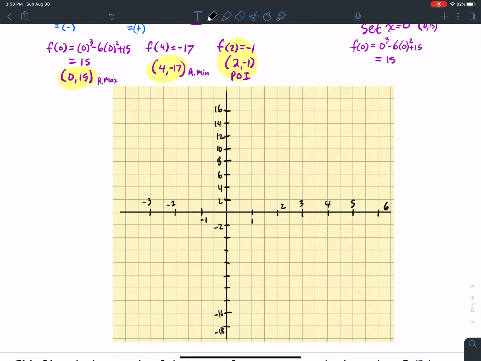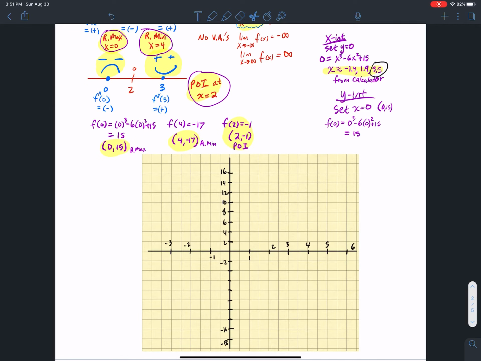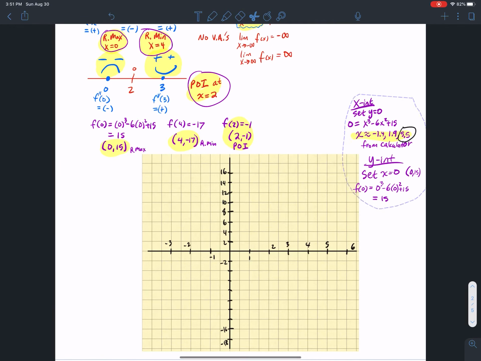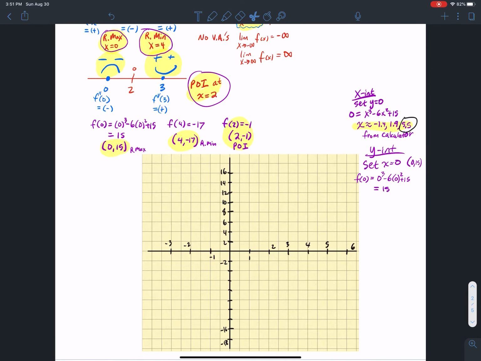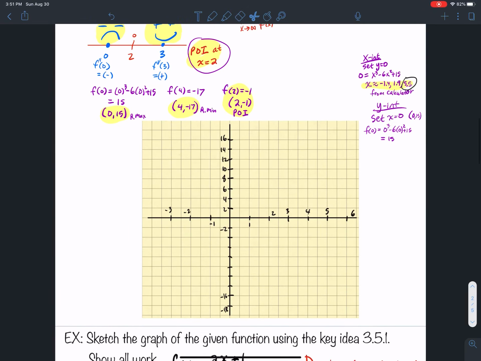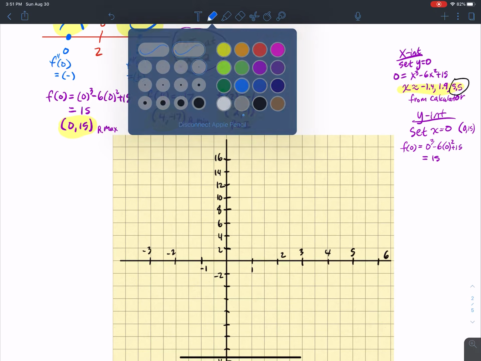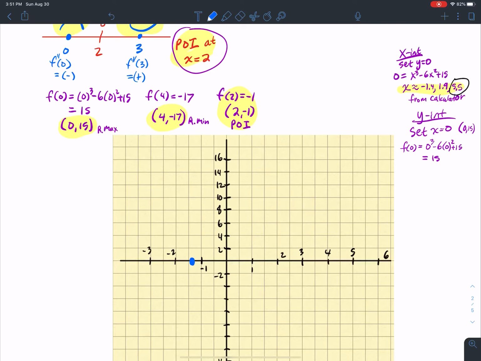So let's plot our points. Let me move these down here where we can see them better. All right, so -1.4 is an x-intercept. 1.9, which is almost 2, is another x-intercept.